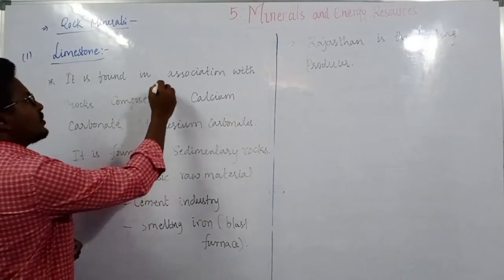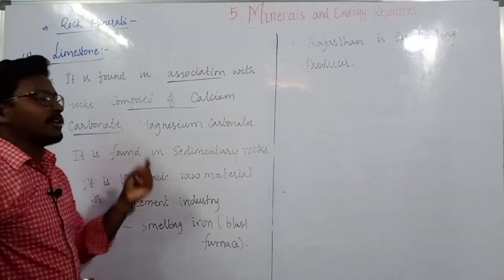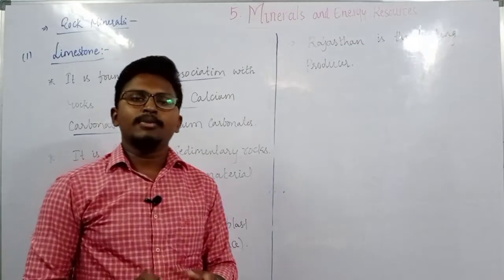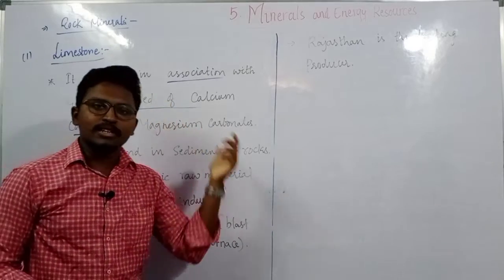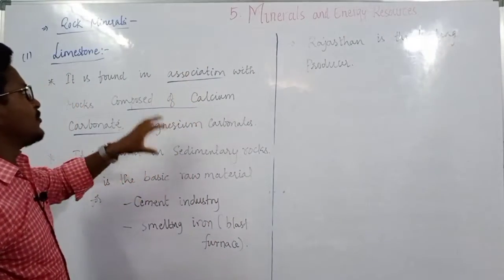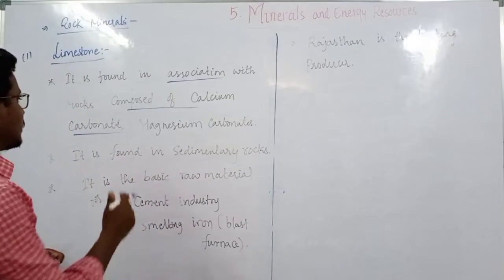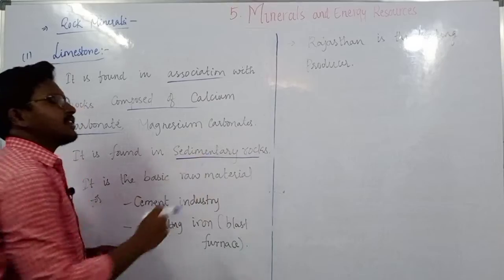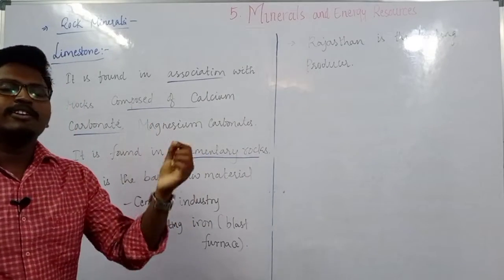It is mainly found in association with rocks which are composed of calcium carbonate or magnesium carbonate. That means those rocks which contain calcium carbonate as well as magnesium carbonate. In that type of rocks we can find limestone. That means it is mainly found in sedimentary rocks, and it is the basic raw material in different industries.